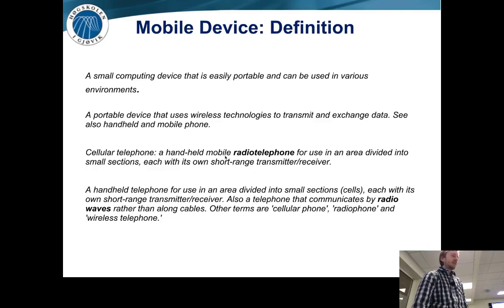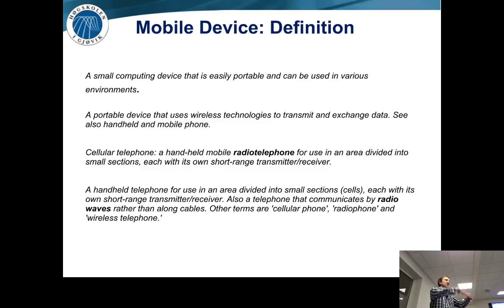Cellular telephone: a handheld mobile radio telephone for use in an area divided into small sections, each with its own short-range transmitter receiver. It's a very technical definition of what a cellular phone is, because it explains why we call it a cellular phone. Because we have this grid.